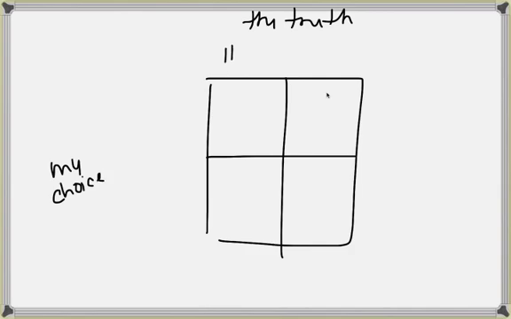So for the truth, if we say H sub O is actually true, okay? So let's think of this scenario. If H sub O is actually true, what we want to do is we want to fail to reject H sub O. And that's good.